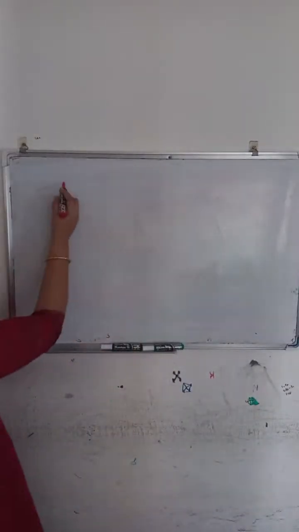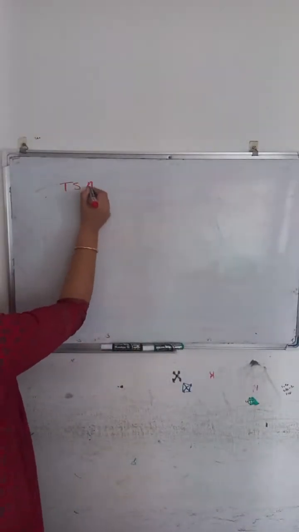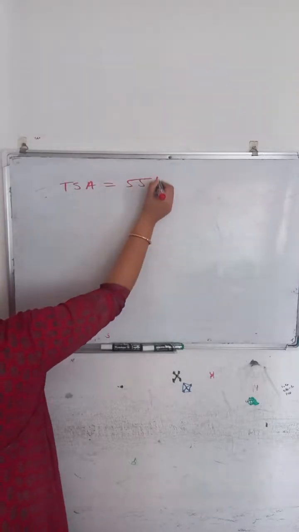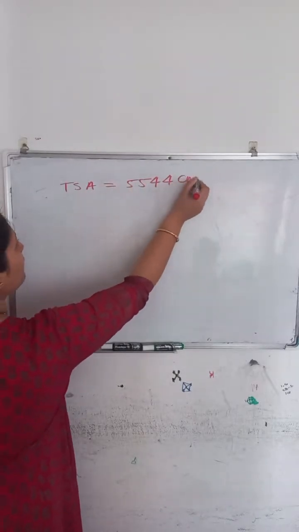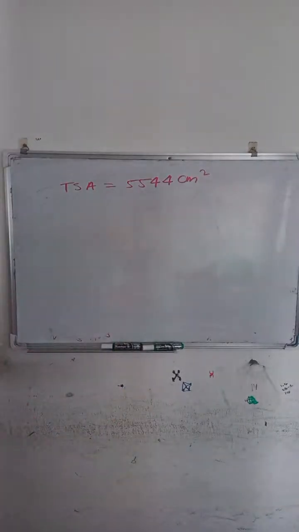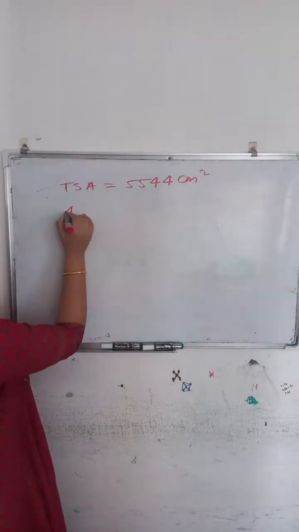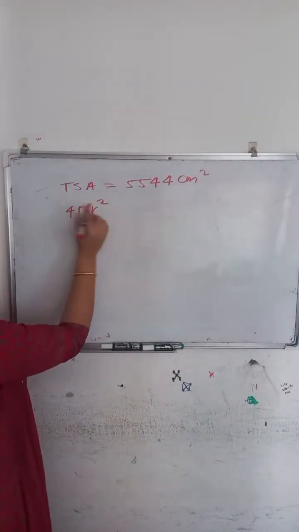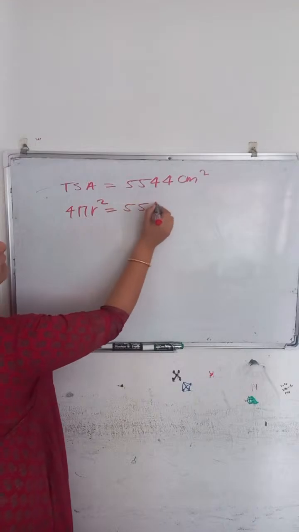So I will write here: total surface area of the sphere is 5544 centimeter square. How to find the answer? We know that the total surface area of the sphere is nothing but 4 pi r square.